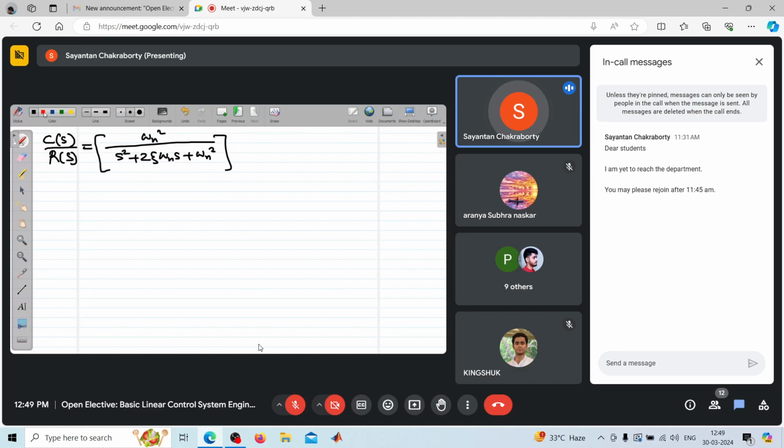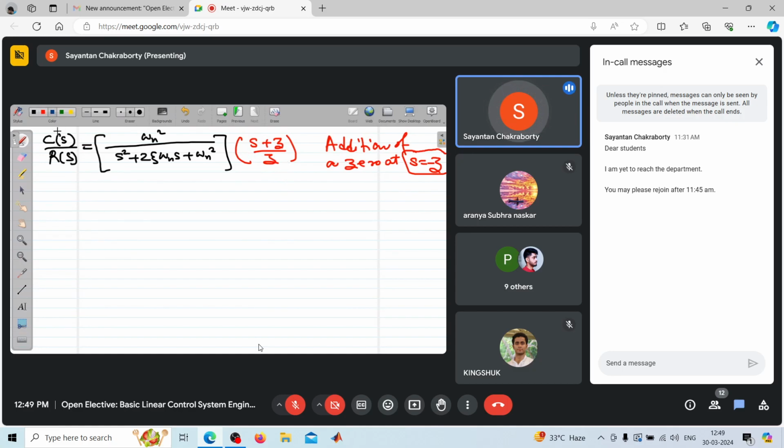What happens if we add a zero? Then what will happen to the response? Now this 1 by z factor is used to make sure that the steady state value remains at 1.